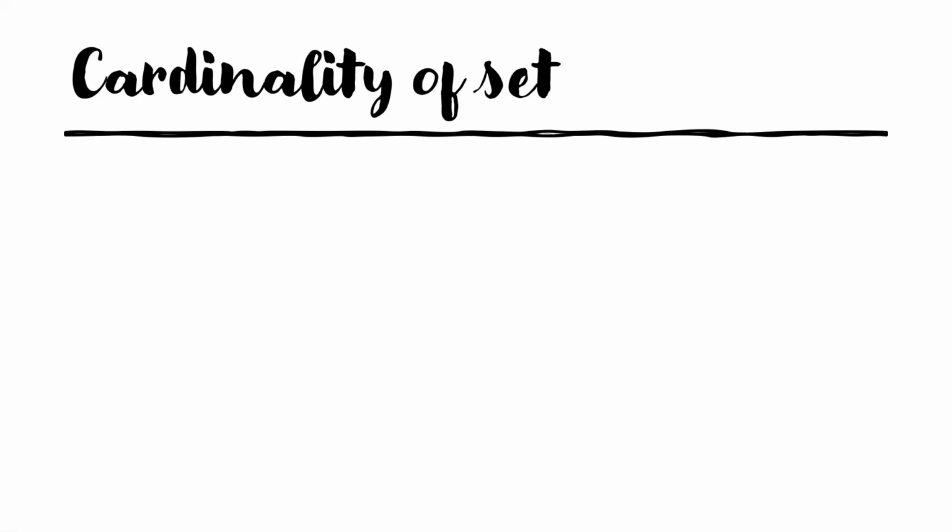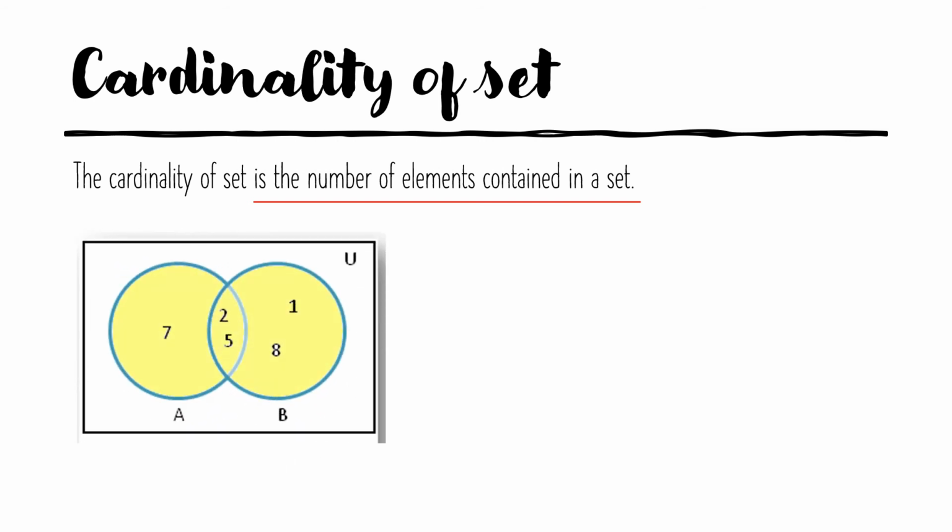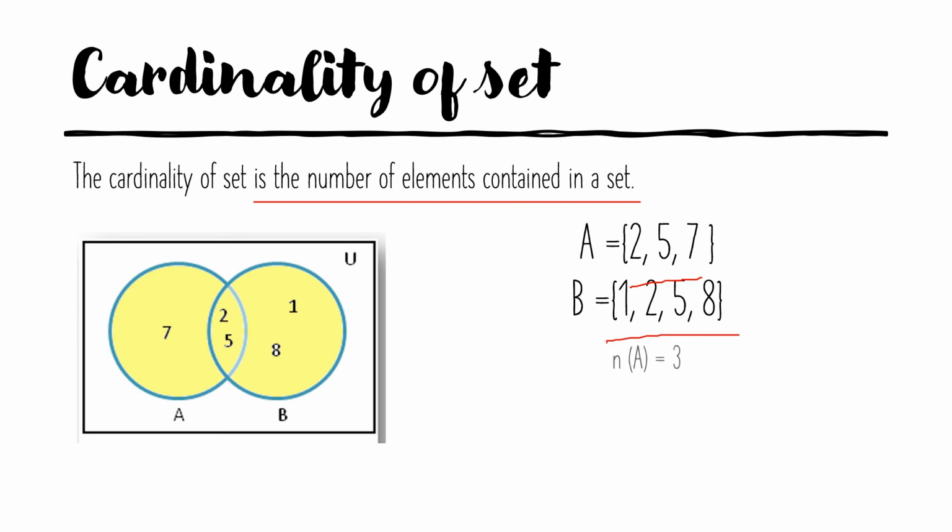Next, we have the cardinality of a set. The cardinality of a set is the number of elements contained in a set. Say, for example, we have this one. The elements of A are 2, 5, 7. The elements of B are 1, 2, 5, 8.